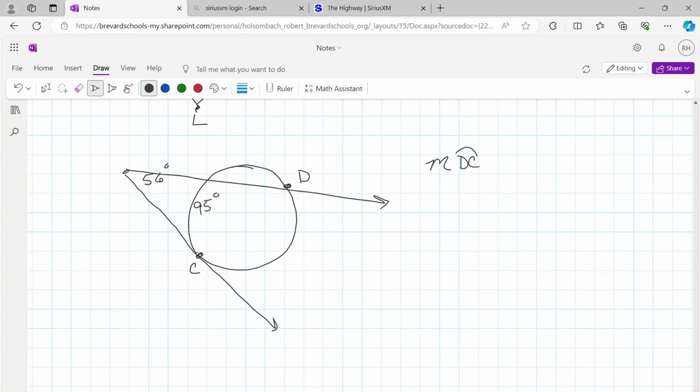All right, we can't just subtract 95 from 360 here because we've got this portion of the circle that needs to be a part of the sum. So we're just going to use the formula. We're going to say that the angle formed outside, that 56, is equal to 1/2 of arc DC minus 95.